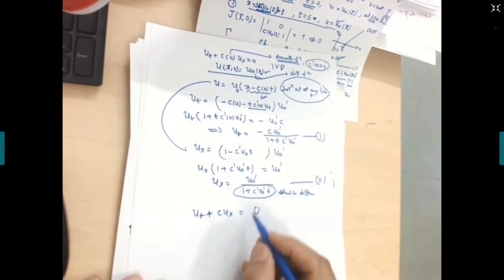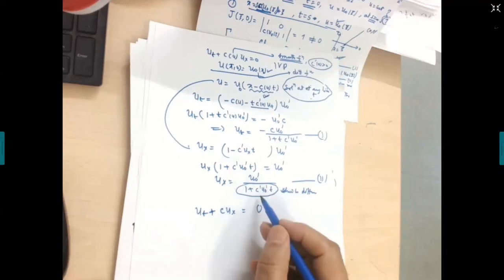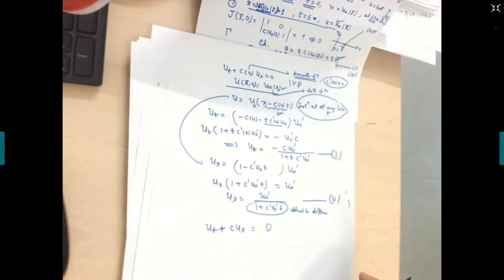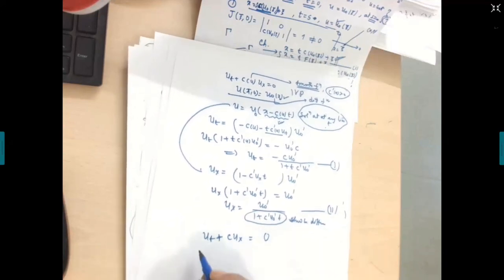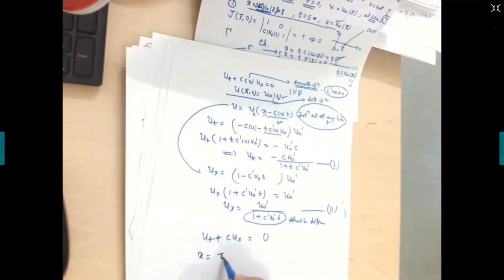Look at this expression. Now I told you about the implicit function theorem. You can make use of it, and it also gives us the same condition. What is that? x is equal to xi plus t times c of u naught xi.